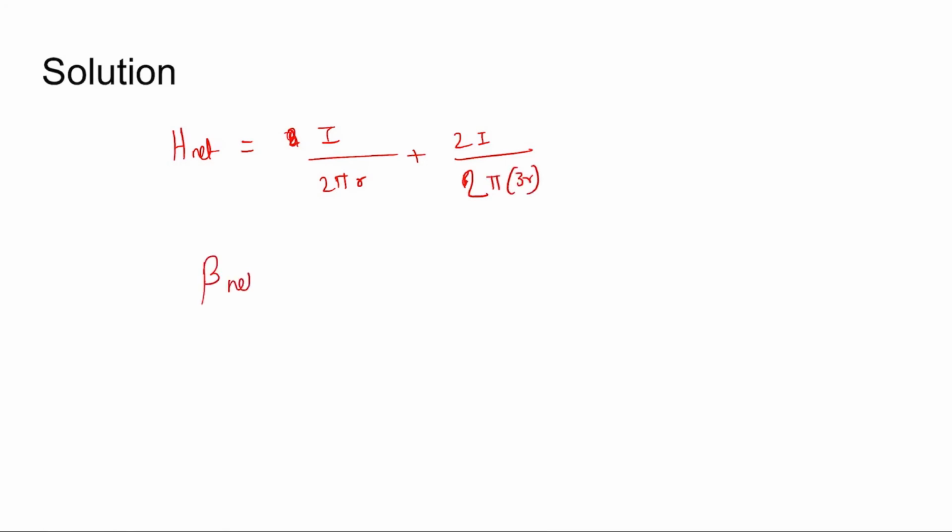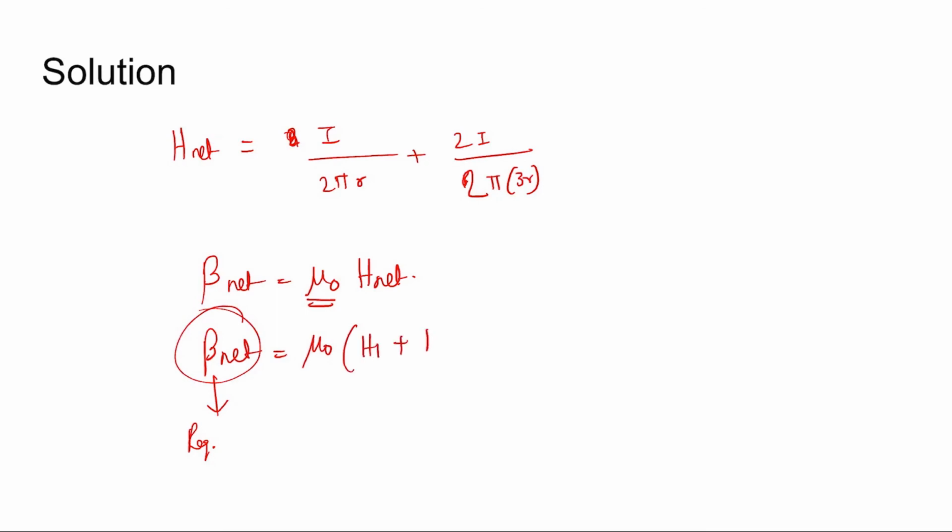Now B net equal to mu 0 into H net, since it is free space, so mu 0. Now B net, that is what is asked, is mu 0 into H1 plus H2, this is H net. Now equal to mu 0 into I by 2 pi r plus 2I by 2 pi into 3r.